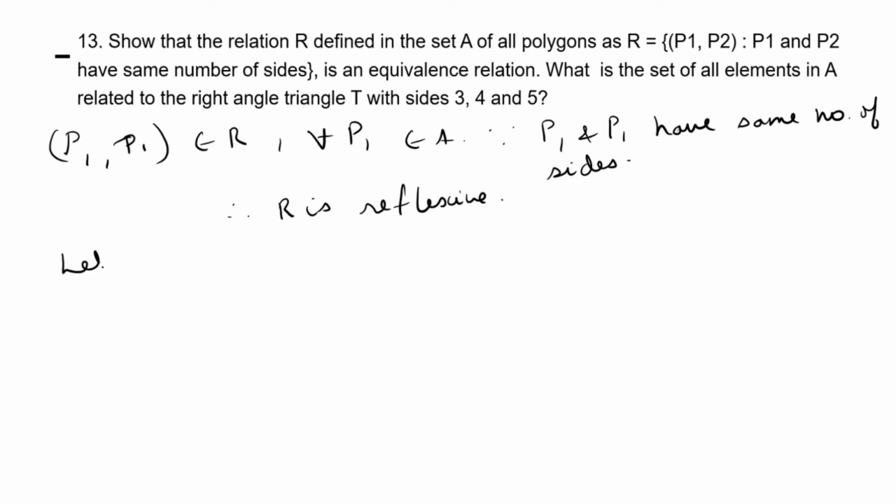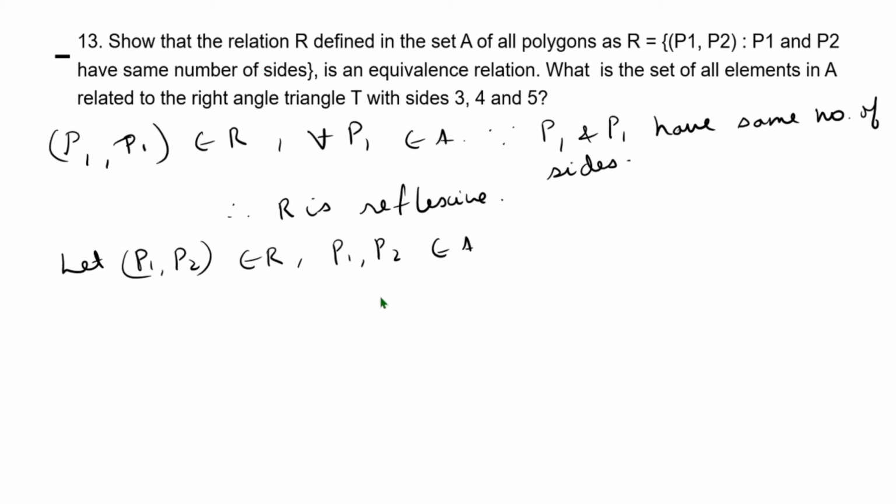So let (P1, P2) belong to R, where P1, P2 belong to A. R is defined as the set of all ordered pairs (P1, P2) such that P1 and P2 have the same number of sides.